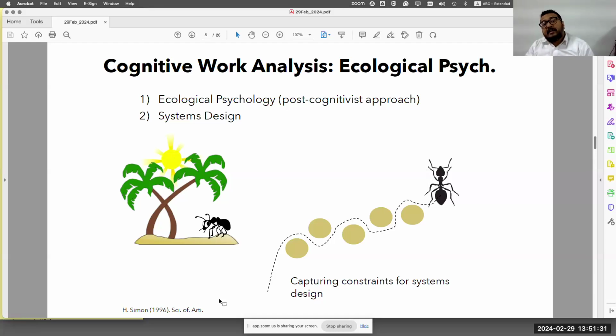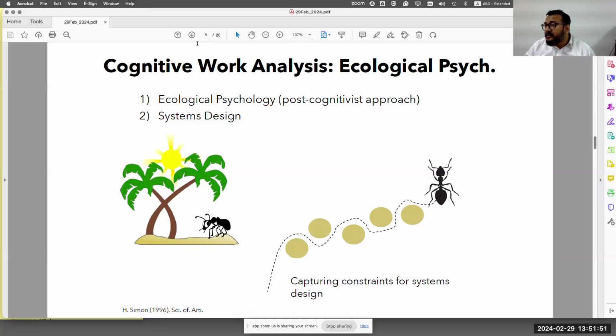A different way of looking at the same problem is you try to understand what constraints the ant faces on the beach. The beach has sand dunes and other things, and it walks through the sand dunes. So if you understand the sand dunes, the behavior of the ant becomes very intelligible, right?